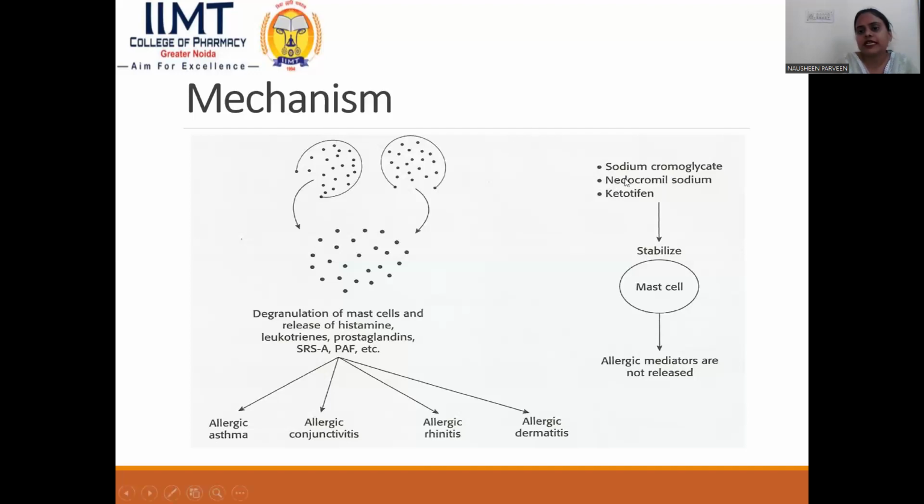Sodium cromoglycate, nedocromil sodium, ketotifen stabilize mast cells and stop the release of allergic mediators.